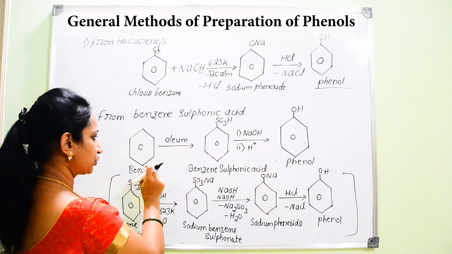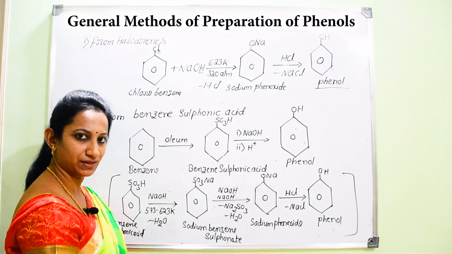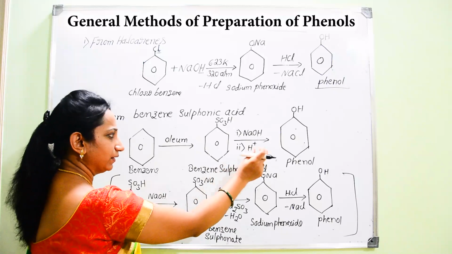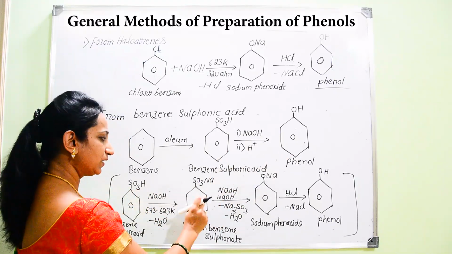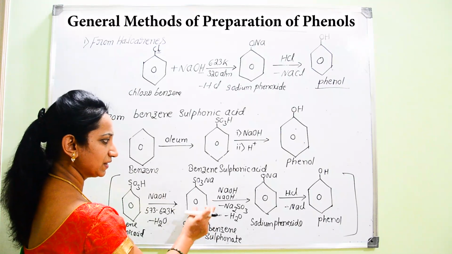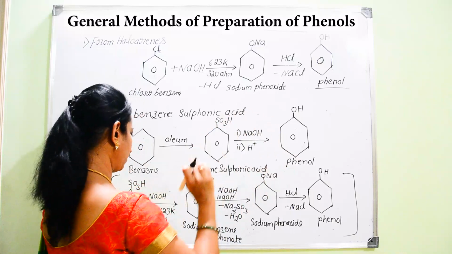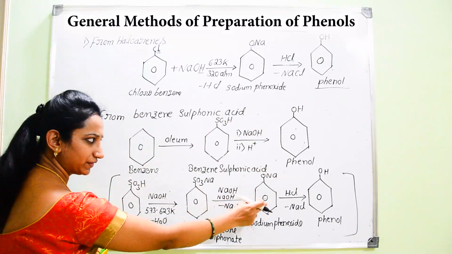If they ask for conversion of benzene to phenol, writing these two steps is more than sufficient. But for the sake of information, you should know this set of reactions, where you can find the intermediate steps involved in the conversion of benzene sulfonic acid into phenol. I have given this set of reactions below.